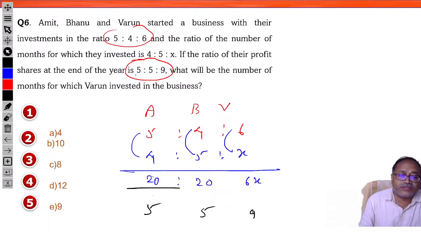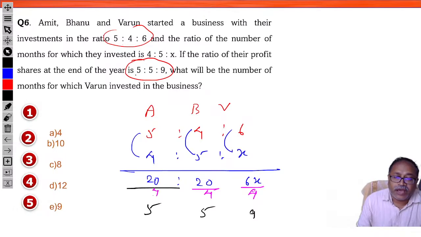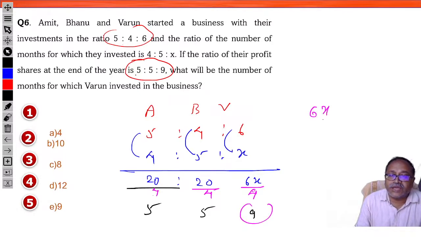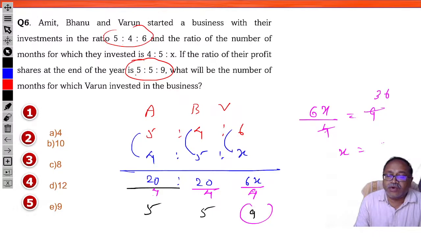That's the profit and loss ratio. That means you have divided this by 4, this should also be divided by 4. I will get 9. That means 6x divided by 4, I will be getting 9. Then I notice that this is 9 into 4 is 36. x is equal to 6.